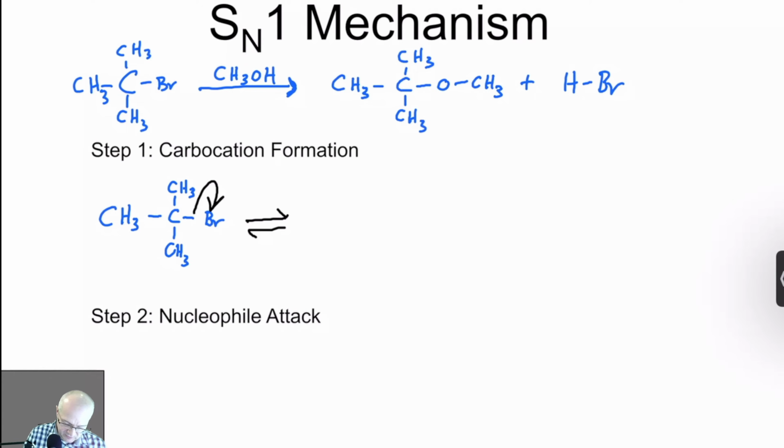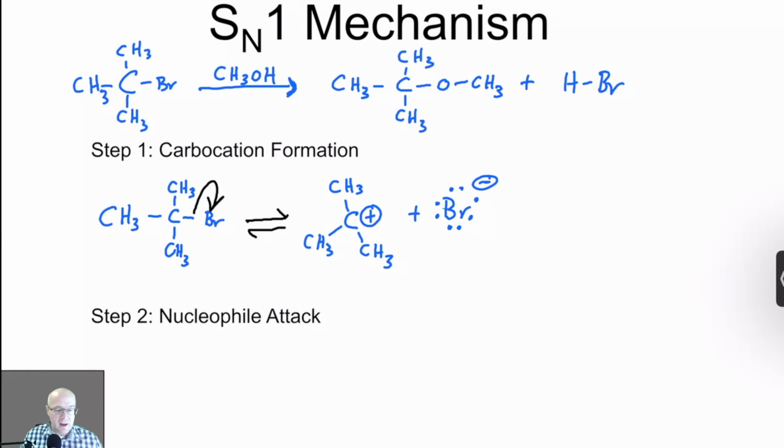But of course, that doesn't lead to product. Cation on the carbon plus the bromide ion. All right, so it's bromide, so there's negative charge. Now, that's step number 1.